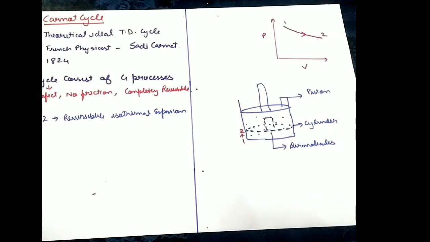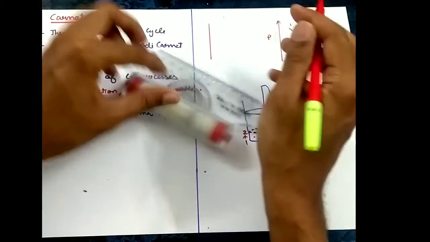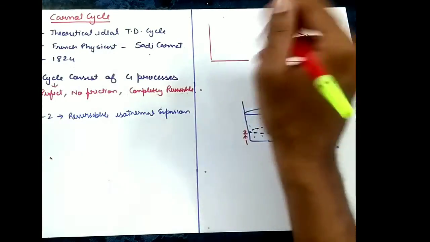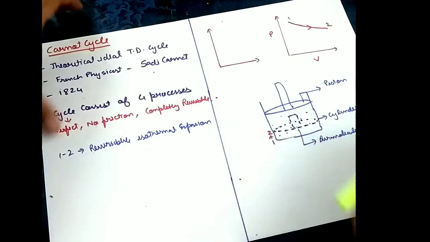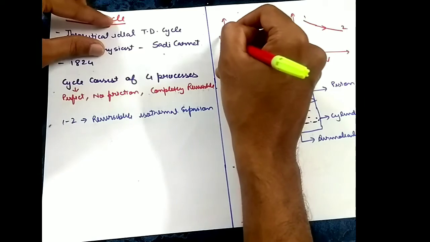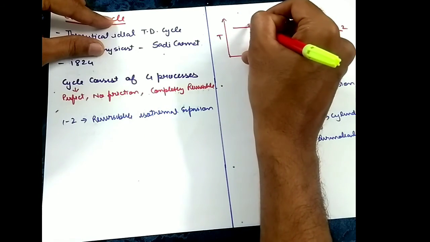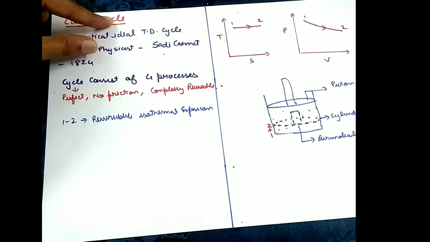Now I'll be drawing the TS diagram. As I said, this process is isothermal, which means that temperature is constant.